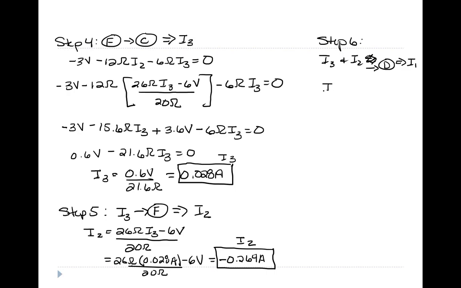Equation D said I1 equals I3 minus I2, and that is 0.028 amps minus a negative 0.264 amps, which works out to be 0.292 amps.